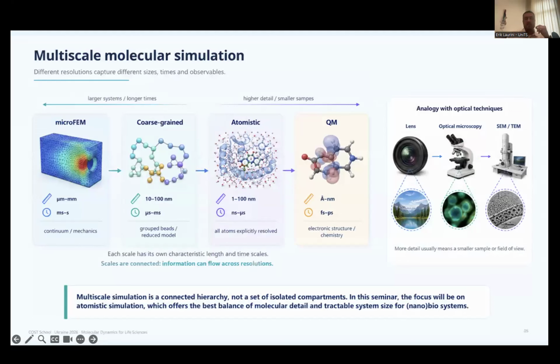Let me start by saying that atomistic molecular simulation is just a part of the entire multi-scale molecular simulation techniques. In fact, molecular simulation is a multi-scale technique. To give you an example, you can think about an analogy with the optical techniques, in which with the lens you can see a sample with not so high level of detail, but you are able to see a big amount of this sample.